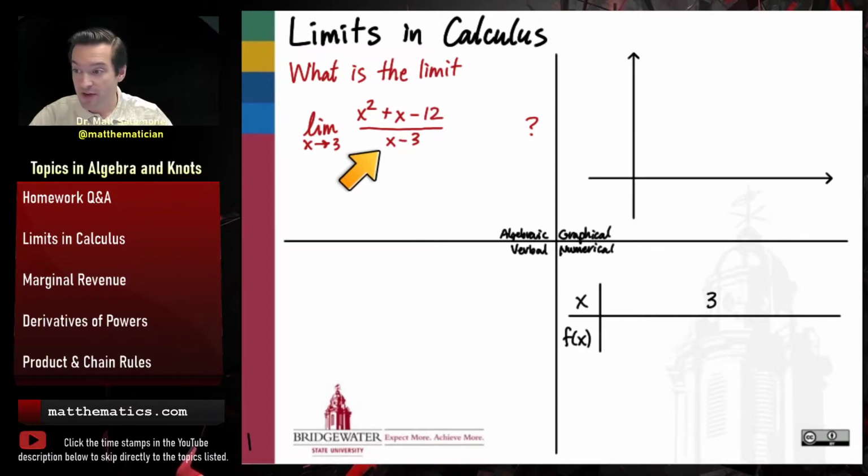So here's a function defined by a formula, x squared plus x minus 12 over x minus 3. And then ask me a question like, what is the limit of this function as x approaches a given number? In our example here, the x value we're trying to approach is the x value 3.